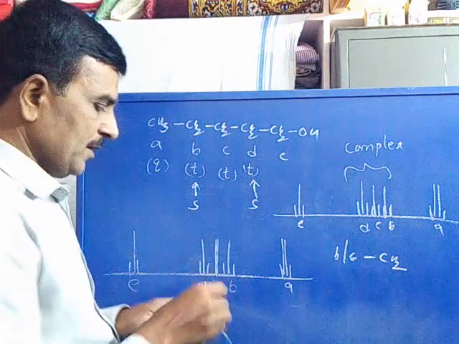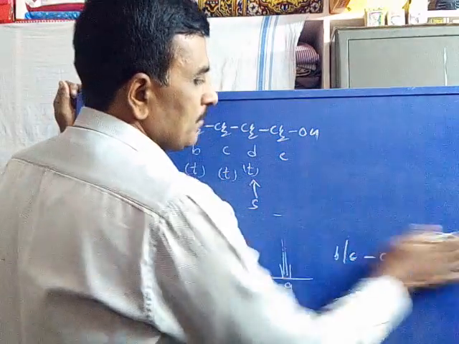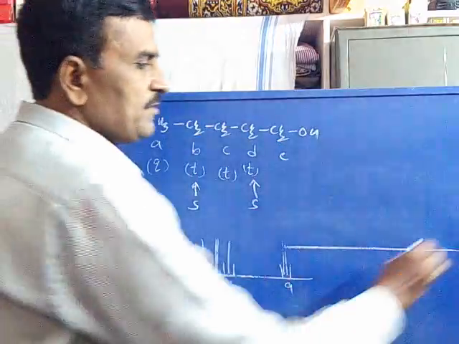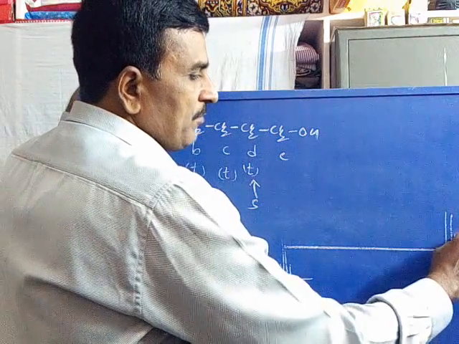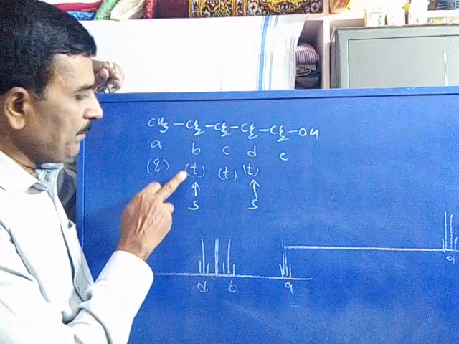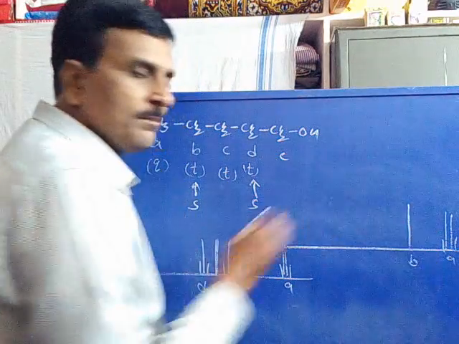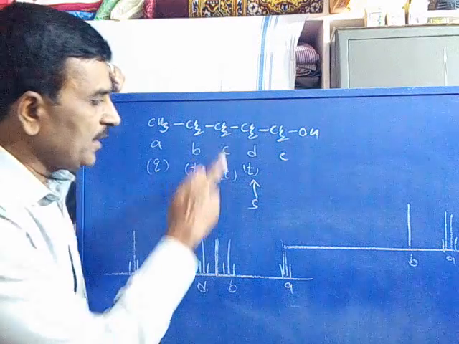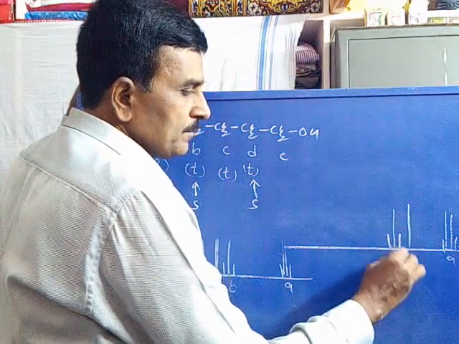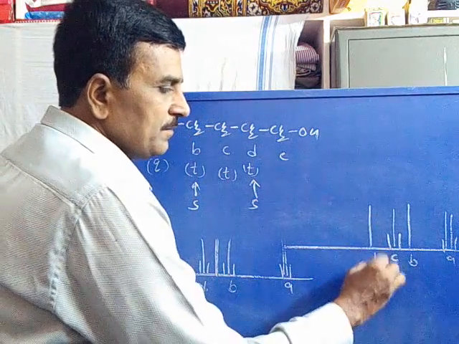Now again if we record the spectrum, you can see a quartet appears for A carbon. Now B carbon is selected, therefore it appears as a singlet. C carbon is not selected, it appears as a triplet. D carbon is selected, therefore it appears as a singlet.